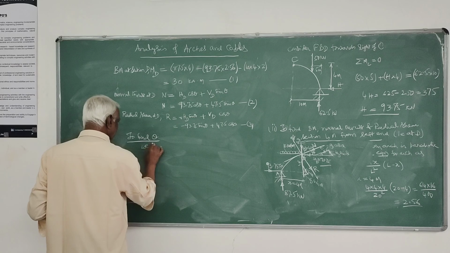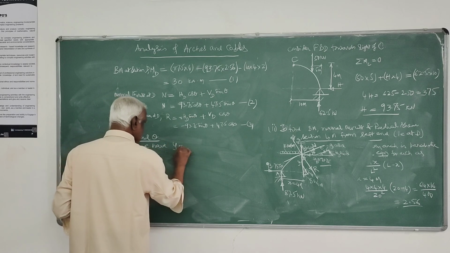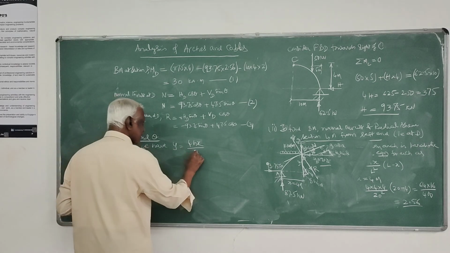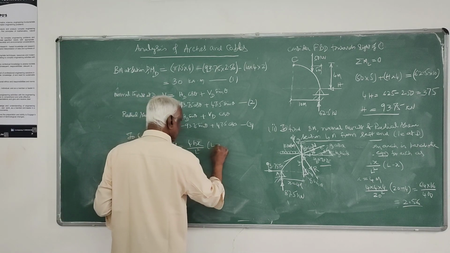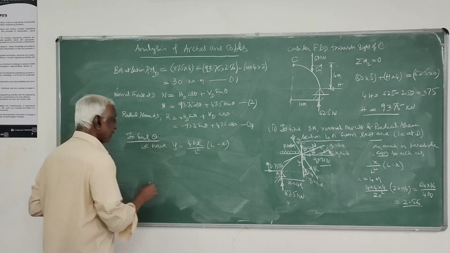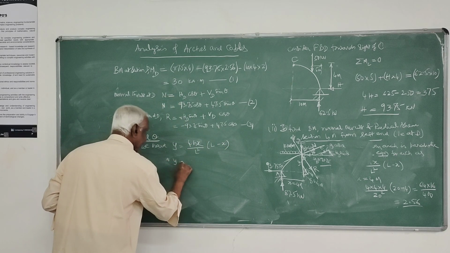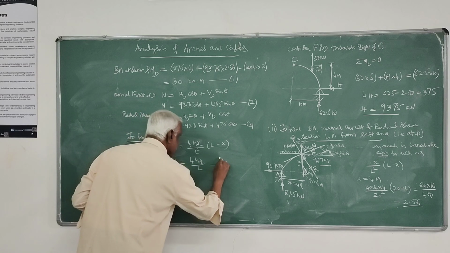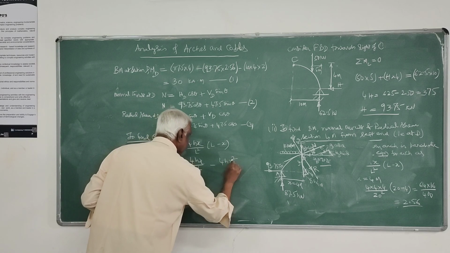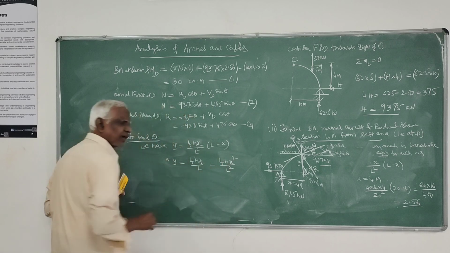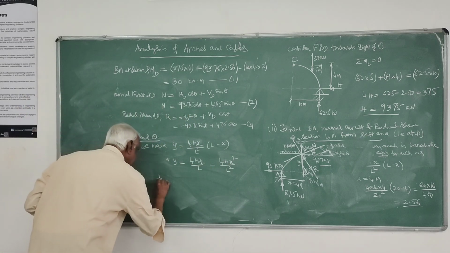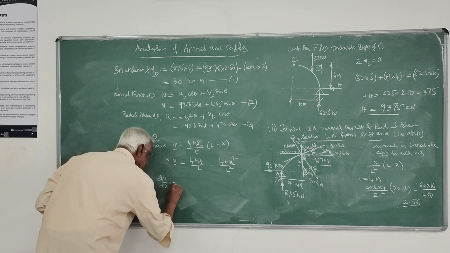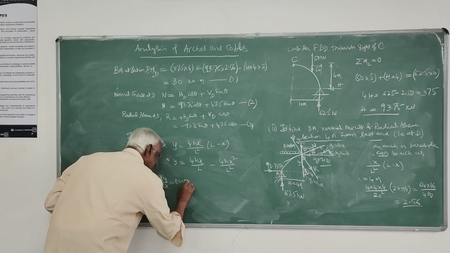So we have y, and again you take the equation of the parabola, y equals 4hx into (L minus x) by L square, or you can write it as 4hx by L minus 4hx square divided by L square. Then you find dy by dx, which is nothing but tan theta.